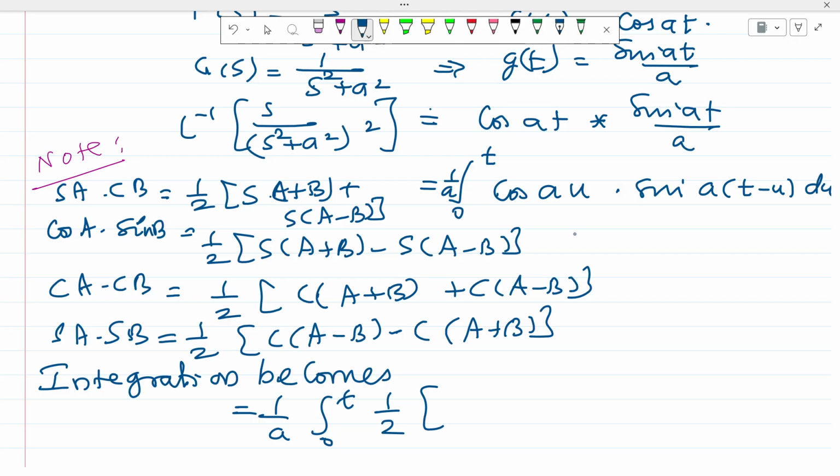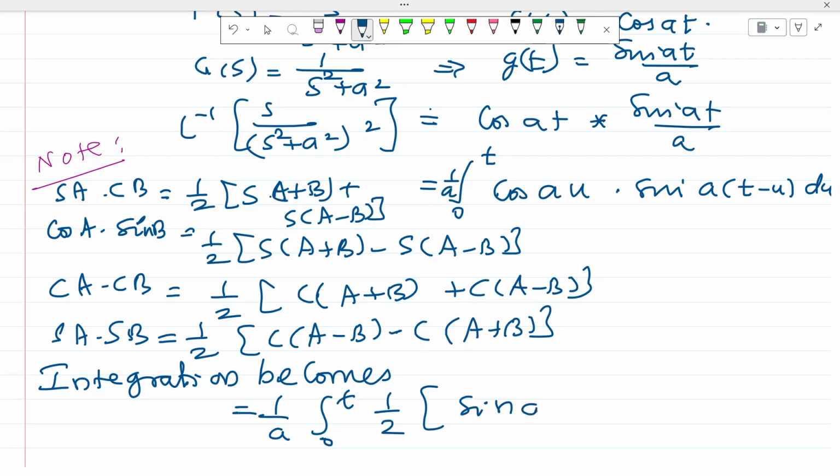Then what is the value? 1 by 2, cos a sin b, if you are okay, fine. Cos a sin b means sin of at, because here a plus b, the u gets cancelled.